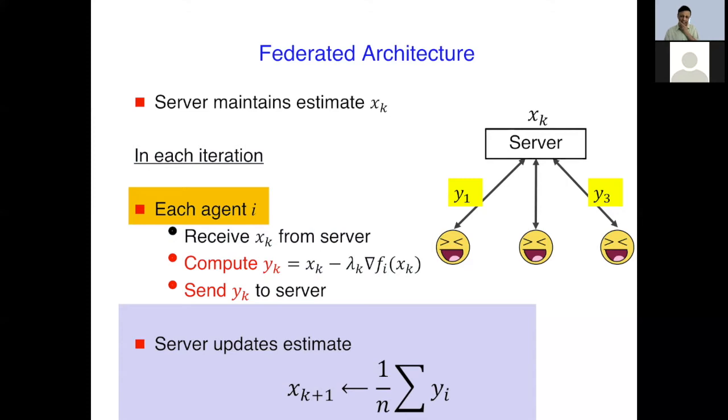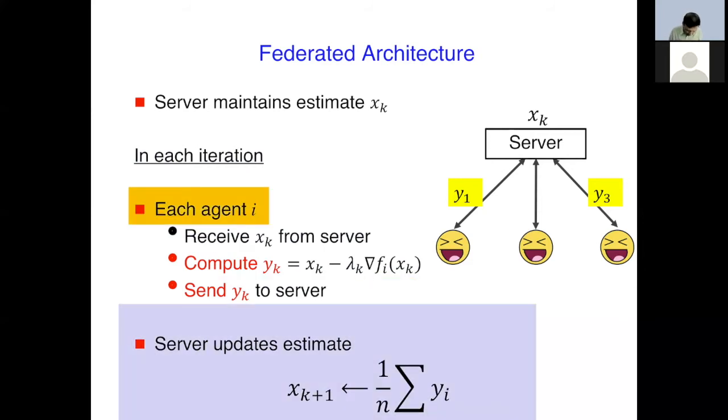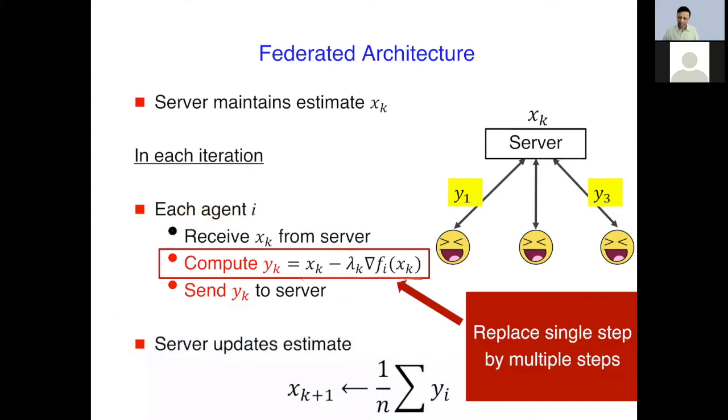So this is what, like I said, each agent is doing in the algorithm I just presented. Now, in this particular step, in each iteration, the agent receives xk from the server, does this computation where it computes the gradient once and uploads the value back to the server. This computation is happening once, but we can actually take multiple steps.